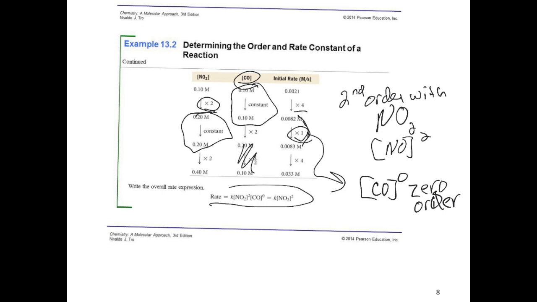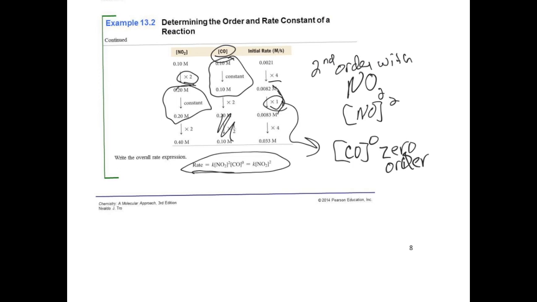So here's the rate law that we get. Remember, because this is zero order, we can drop it. So we can just use our rate law as being rate is equal to k times NO2 squared.